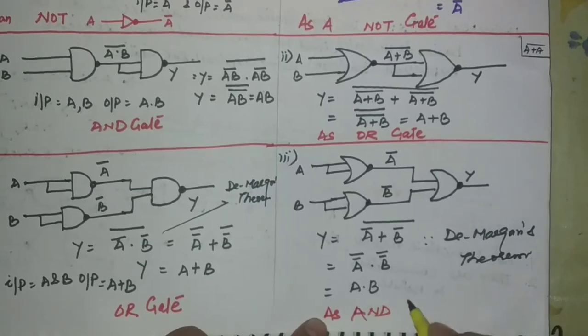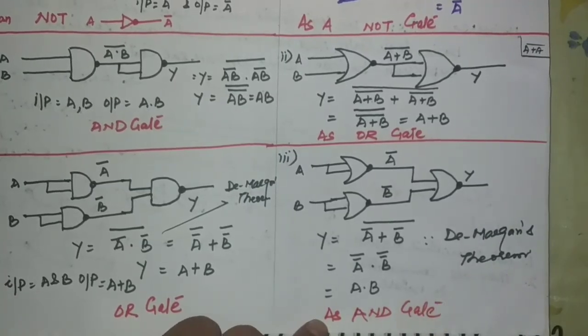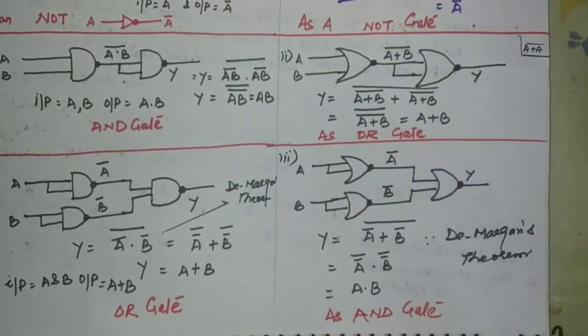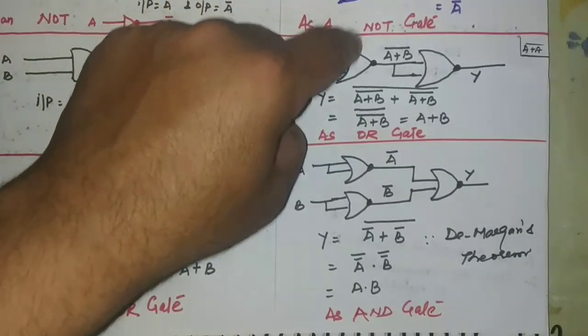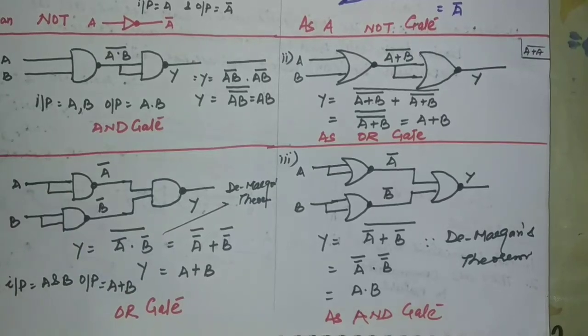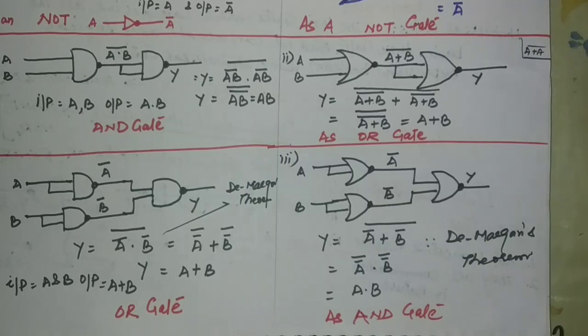AND gate. So the NOR gate is behaving like all the basic gates, like NOT, OR, AND. In the same way NAND also behaves like NOT, AND, and OR. So this is the way how universal gates can behave like all the basic logic gates. Thank you very much.